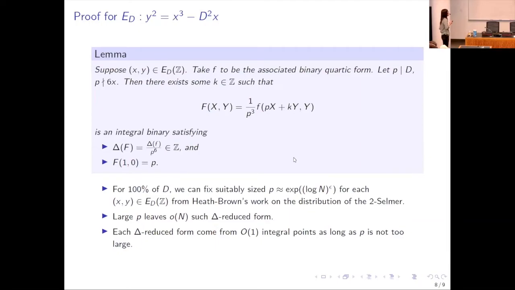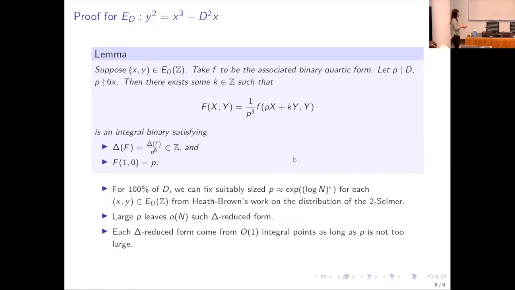I need P to be large so that I can get a saving, because now the discriminants are n divided by P to some power of 6. That reduces the set of discriminants that I'm working with. But I also can't pick P to be too large, because I need to control the number of points that map into the same two-Selmer element.